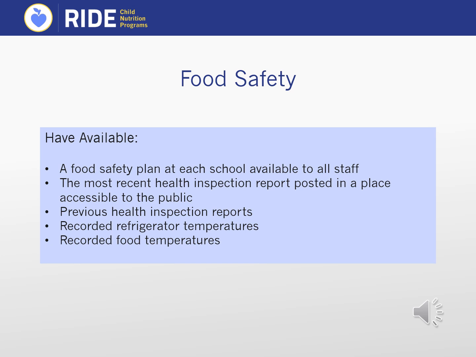So 2 health inspections are required each year. During administrative review, if both inspections have not been completed, we, the state agency, will review the previous year's health inspection reports, so they need to be available. Recorded refrigerator temperatures and recorded food temperatures also need to be available.